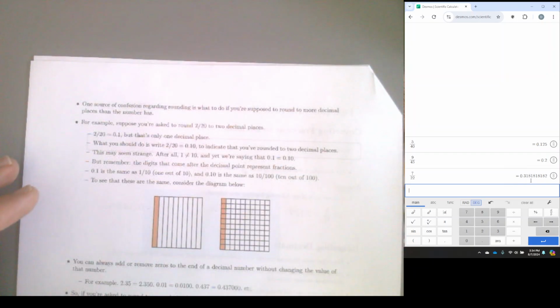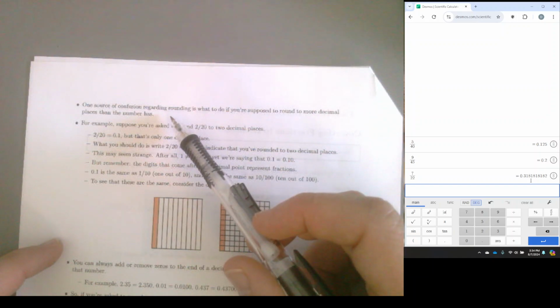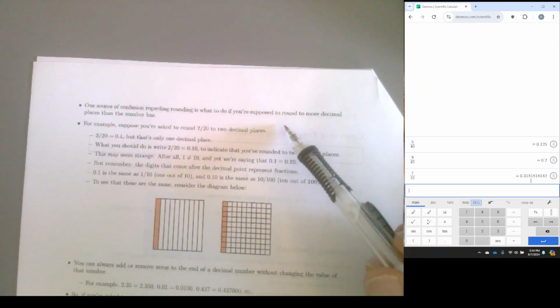Let me just say a couple of things real quick about these 2 answers, because you'll notice that we ended them with a 0. And so let's talk about that a little, because this might be a little bit confusing to you if you're a little bit rusty on how decimal notation works. But sometimes we're supposed to round, and we're asked to round to more decimal places than the number actually has.